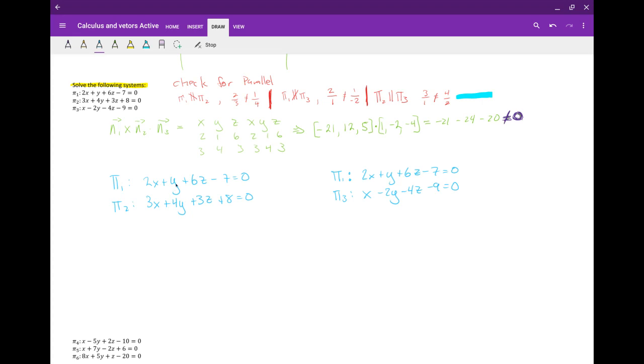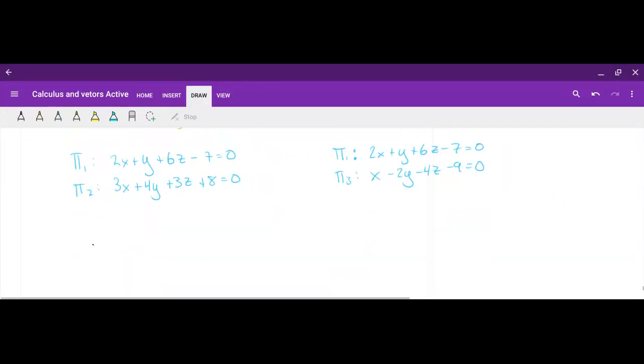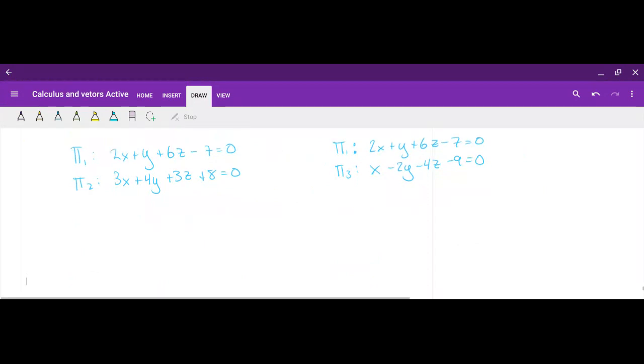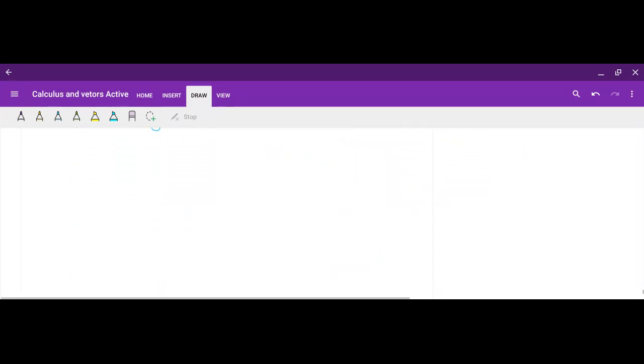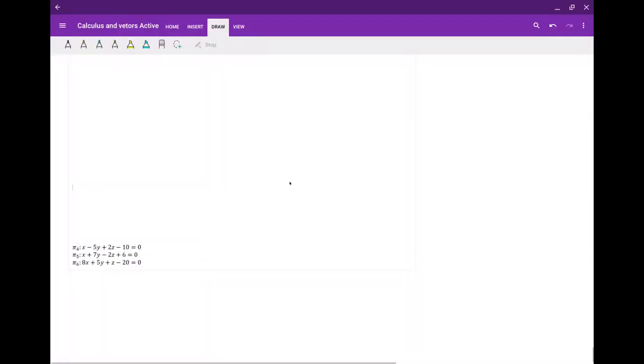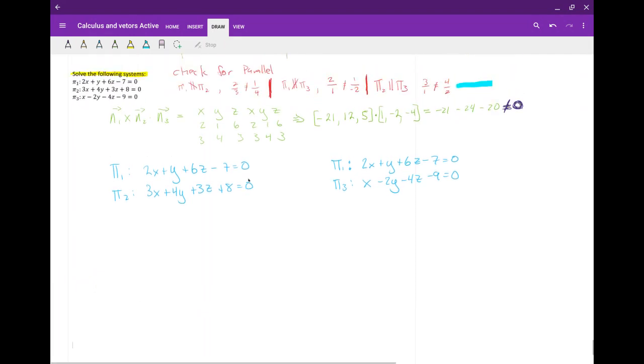If I eliminate y here, and if I eliminate y here, I should be okay. And then I'll have two equations down here. You'll see how this is going to work, all right? So I'm going to give myself a little bit more room here. Let me do a couple of enters. Okay, perfect. There's a little bit more room.